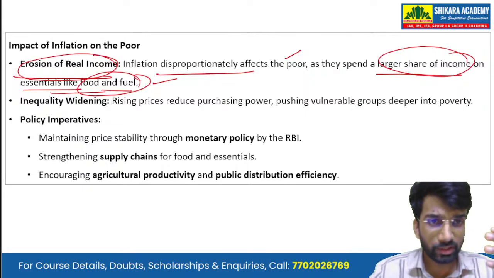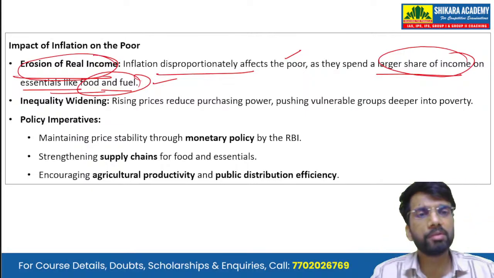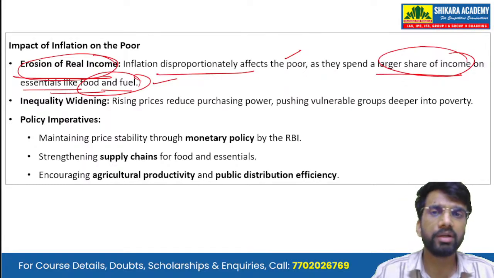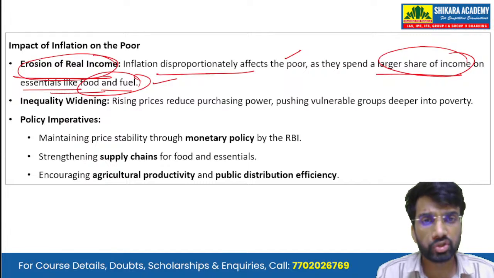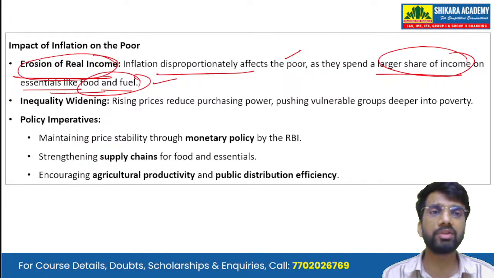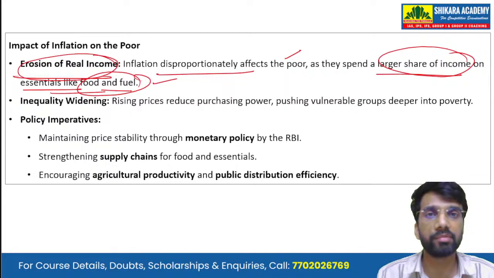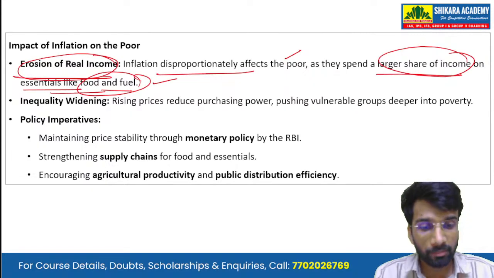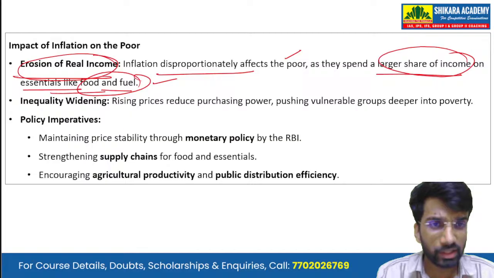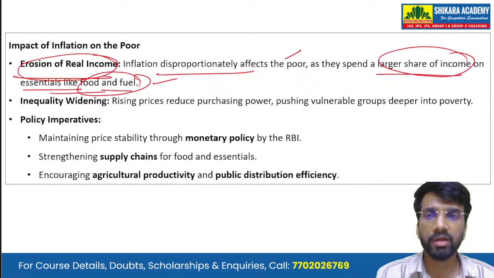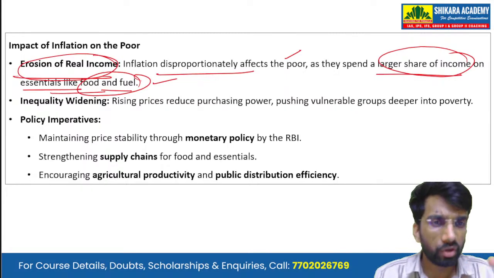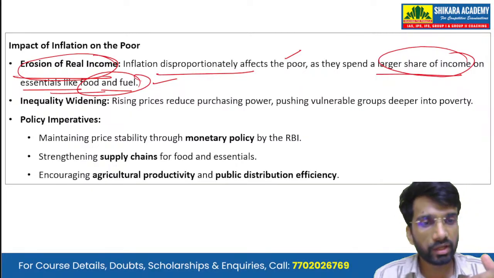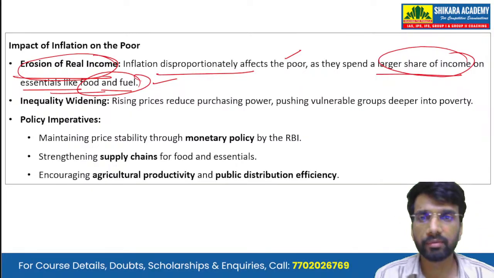So if inflation is there, the effect is noted across the population, but the poor section of the society is particularly and disproportionately affected because they spend a large share of their income on essential items like food and fuel. So for them, the basic necessities become expensive. The middle class, the upper middle class or the rich can tackle the inflation by changing their consumption habits.